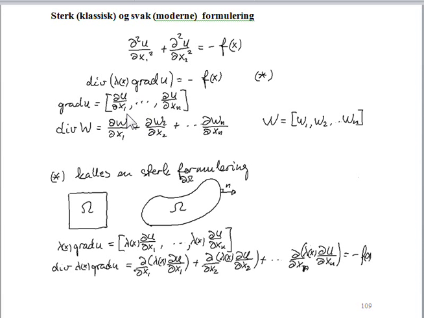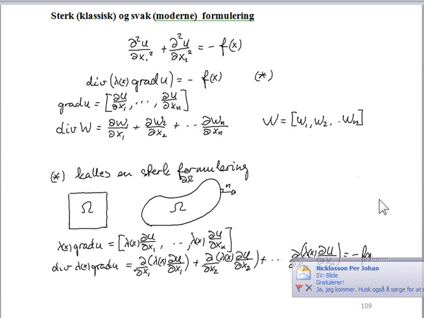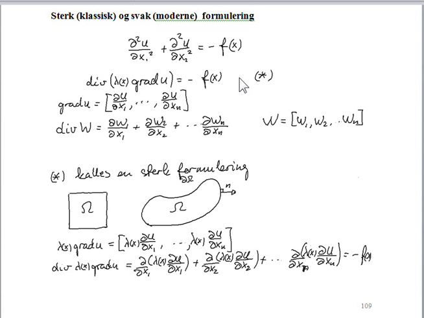Let us show that this is some generalization of this equation, because lambda gradient of u is just the gradient of u where we have multiplied the conductivity in each component, and taking the divergence of this gives this expression.